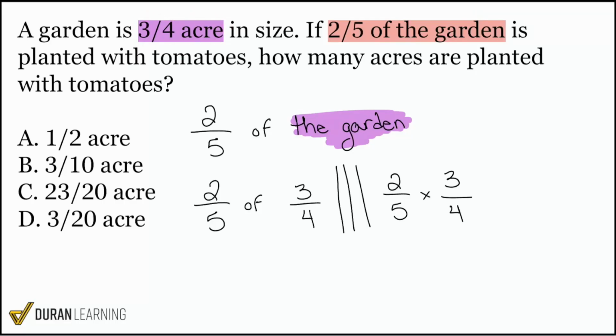It's like saying if I had 2 of these $10 bills, that's $10 times 2. If I had 3 cartons of eggs, I would take however many eggs are in a carton and multiply it by 3. So again, this is going to be multiplication.